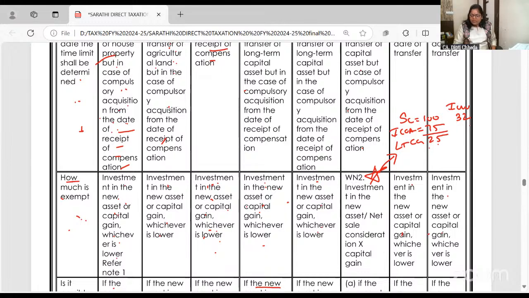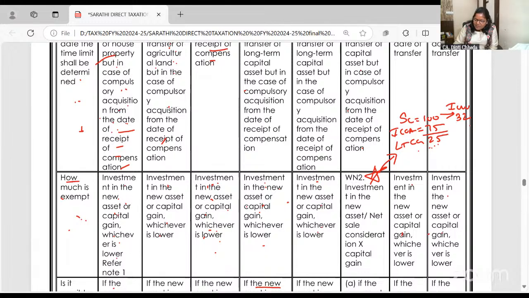But here, it's not like that. When you have sold the house for 100 and got capital gain 25, why did you invest only 32? You should have invested the whole 100 you got from sale of the asset.